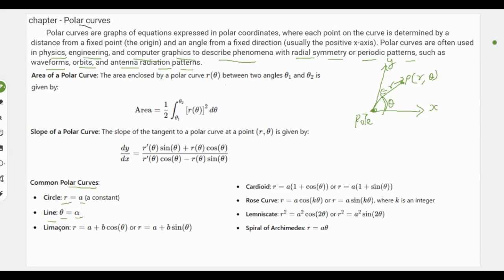The cardioid is r equals a into (1 plus cos theta) or r equals a (1 plus sin theta), which will be in the shape of a heart.